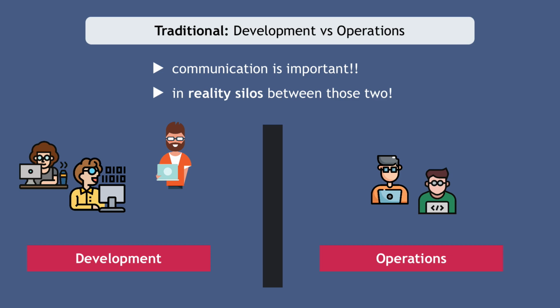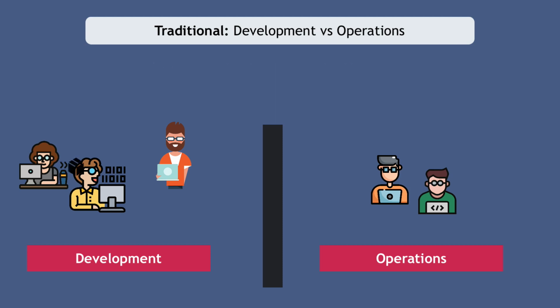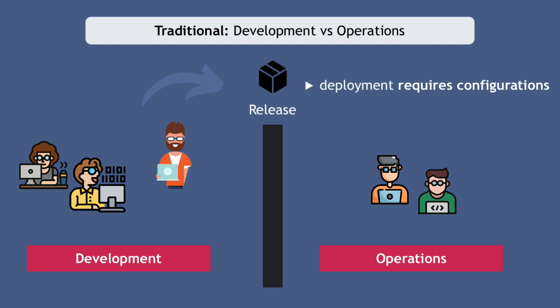In reality, how this works is that developers develop the application, testers test it, and basically it is ready to be released on the production server or to be handed over to the operations team. Releasing and deploying that application and running it by the operations team mostly requires some kind of instructions, because that application has some dependencies, it needs a certain configuration.